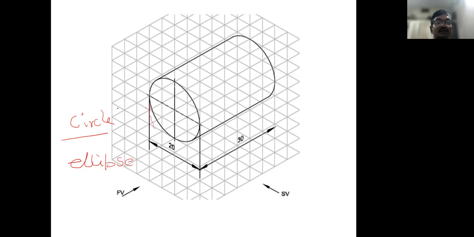So the actual shape is a circle, but in this drawing we get an elliptical shape. So we understand that isometric drawings cannot give the same size, nor the true shape.